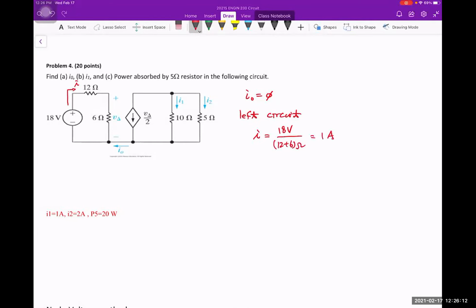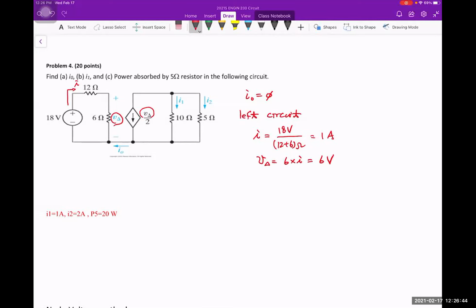Then you want to find a voltage. This voltage is important because it is the one that the dependent source depends on. So you need to find V delta, which is equal to 6 times I, that is equal to 6 volt.